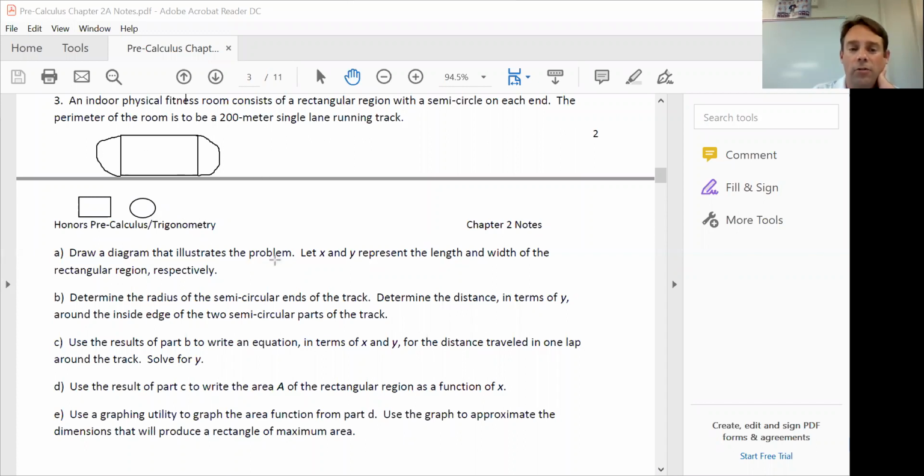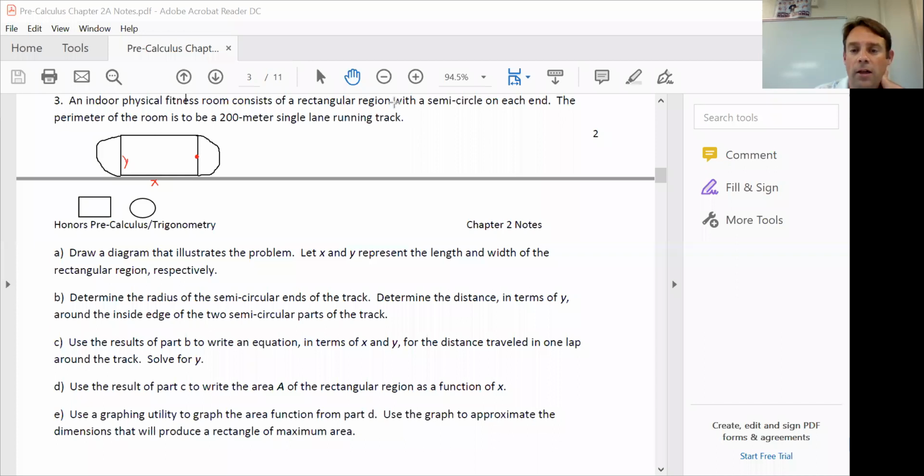It says, draw a diagram that illustrates the problem, okay? And let x and y represent the length and the width of our problem, all right? So here's x, and here's y. That was part A. Part B said, determine the radius. Well, the radius, friends, that's that point right here.